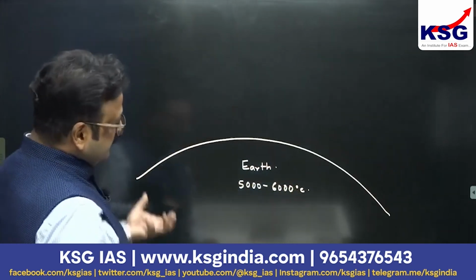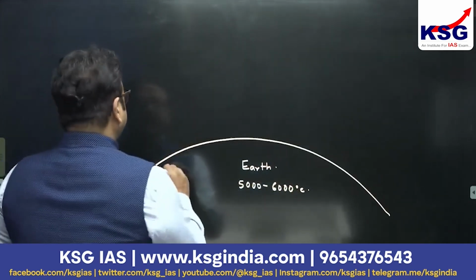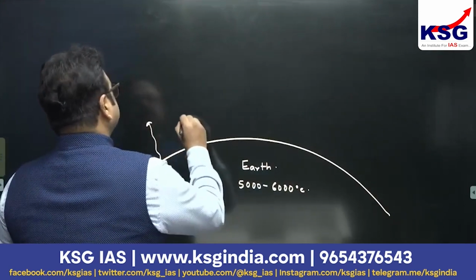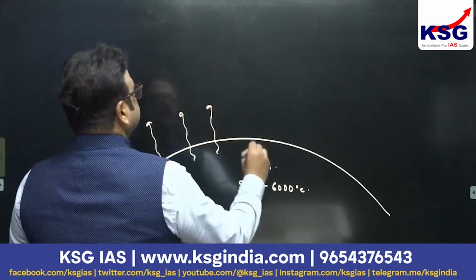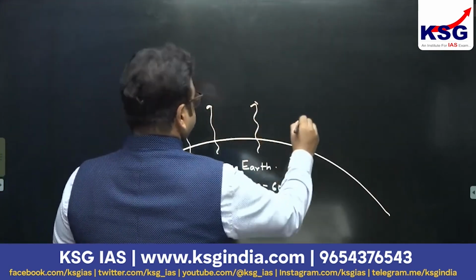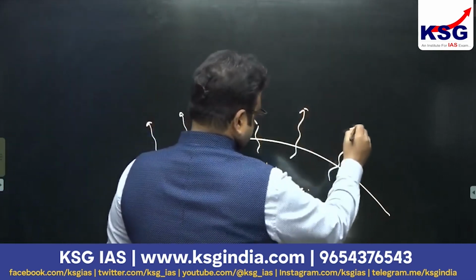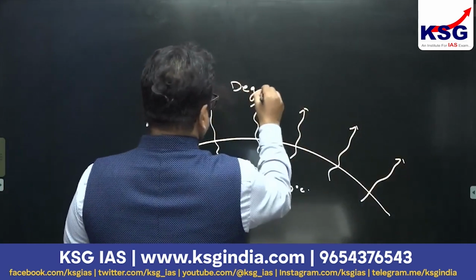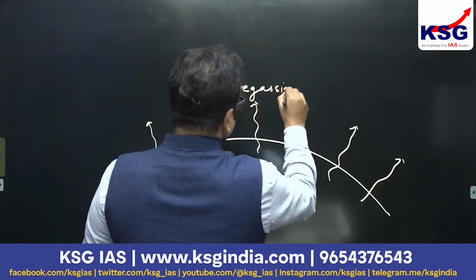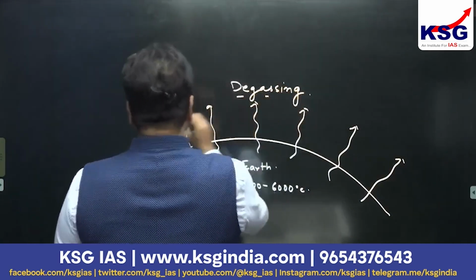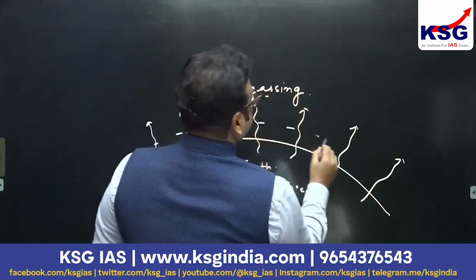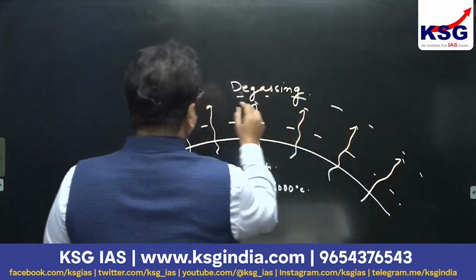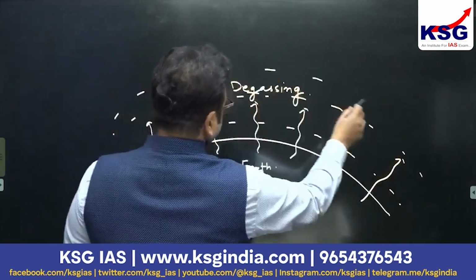When layering happened and the degassing was taking place, this represents the degassing phase, and due to degassing the primitive atmosphere was formed.